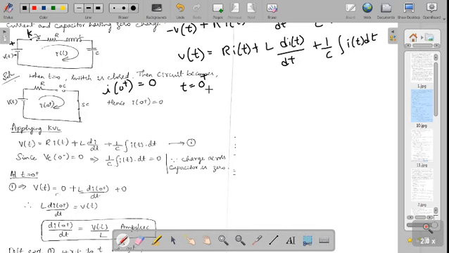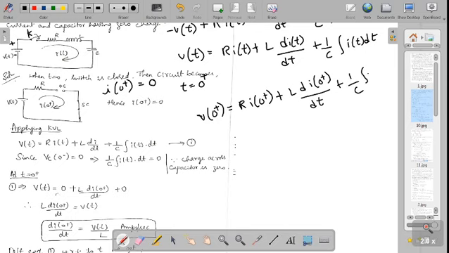So at t equals 0 plus, let us substitute this. v of 0 plus equals R into I of 0 plus, plus L into di of 0 plus divided by dt, plus 1 by C integration of I of 0 plus into dt.